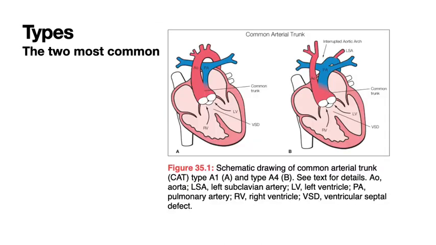Actually, the two most common are the pulmonary artery branching off immediately and then splitting into the right and left branch pulmonary arteries. But the other one is where the pulmonary artery does split off first, but it supplies the descending aorta and left subclavian artery because there is a ductus. The first one, there is no ductus. The second one, there is a ductus. And the split is right after the second head vessel.